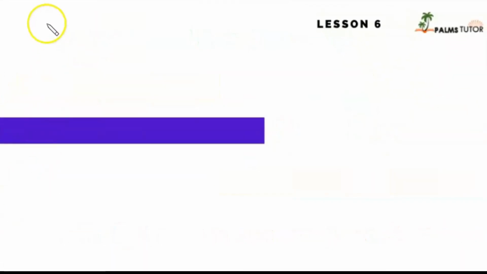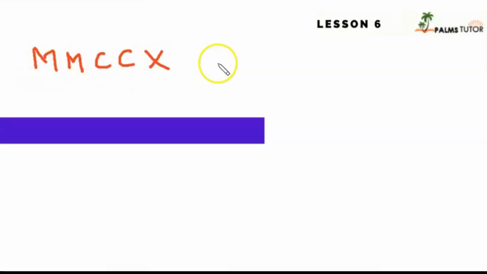Okay, now let's see more examples. If we have MMCCX. Okay, so now we have M is 1,000. The other M is another 1,000. C is 100, and then another 100 makes 200.